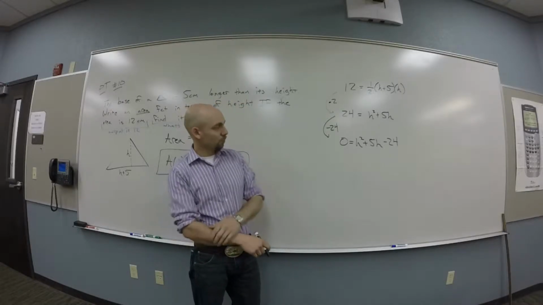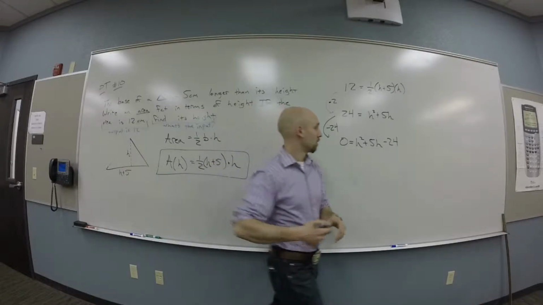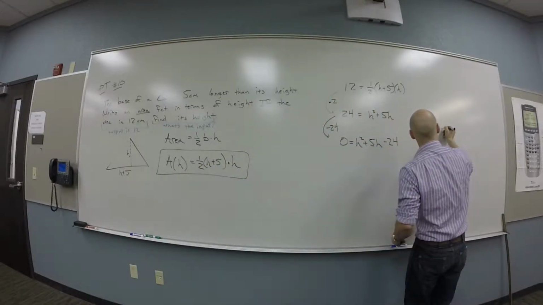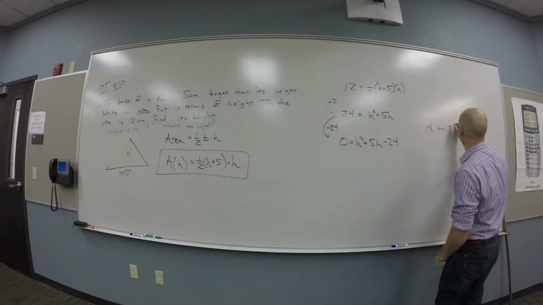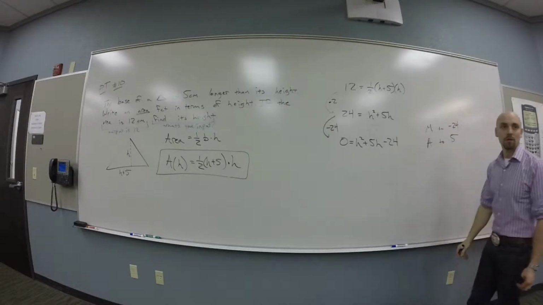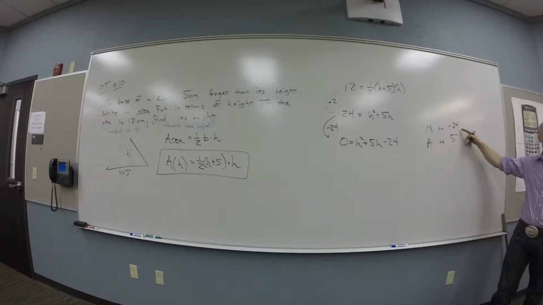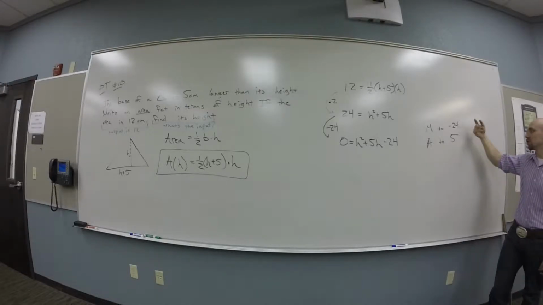So can I factor this thing? What would I look for to factor? I'm looking for multiply to negative 24, add to 5. So 24 seems like 8 times 3. Right, we could try the others.